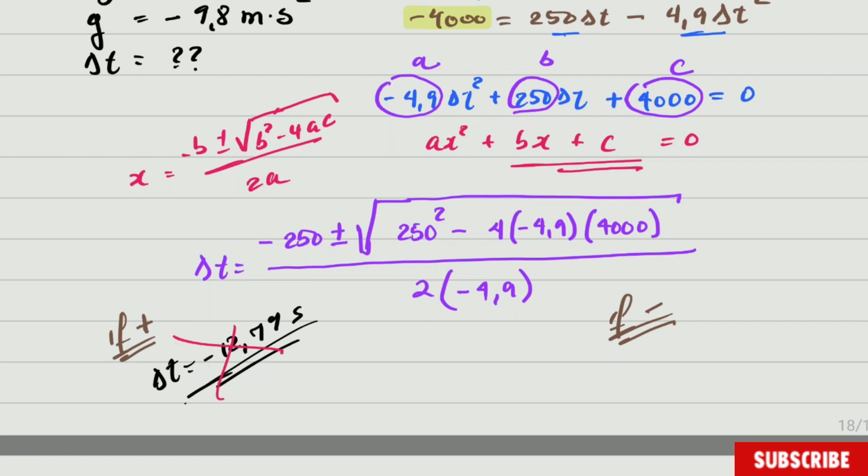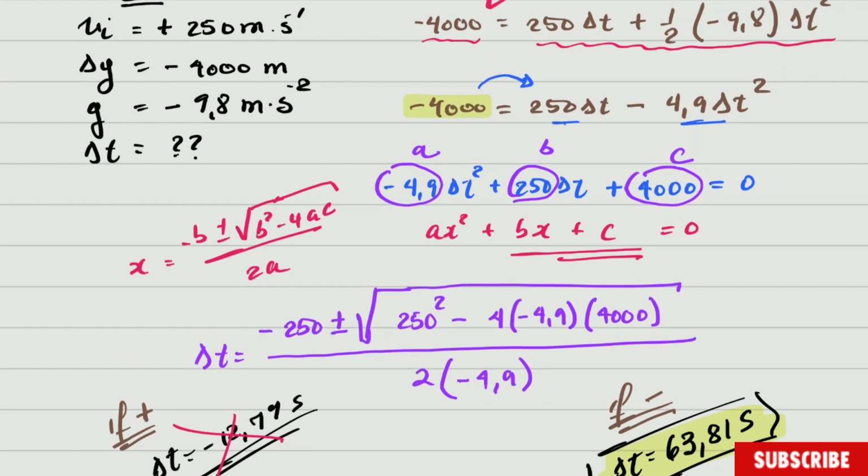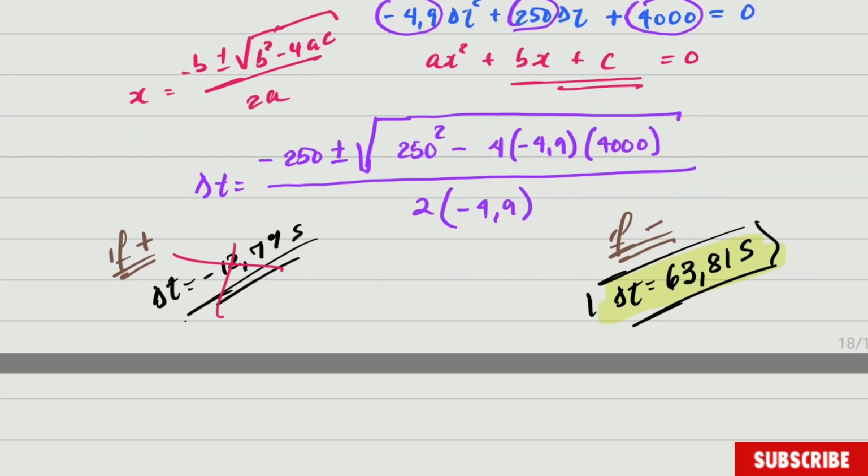Time cannot be negative. So when you substitute the minus, you get that the time is going to be equal to 63,81 seconds. That is then the correct answer for this specific question. I hope you understand. It seems intimidating, but it's not really difficult, guys. Now, this one here is the final mark. This one will carry 1 mark.